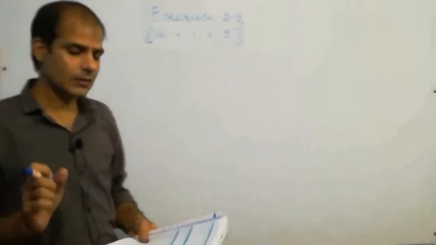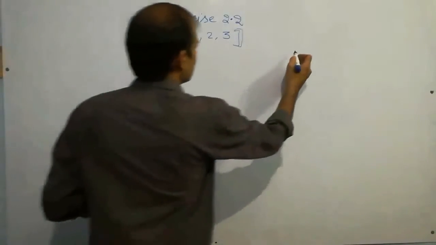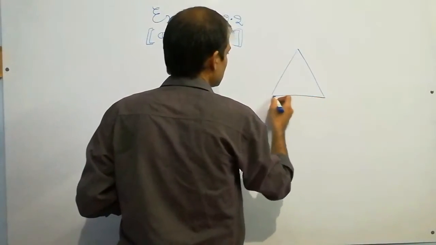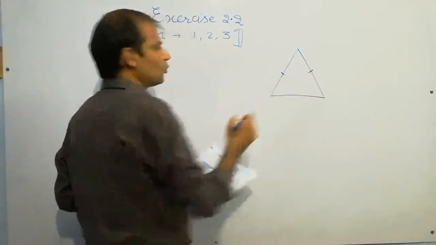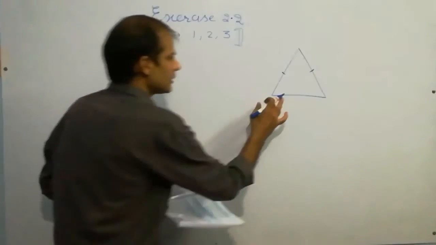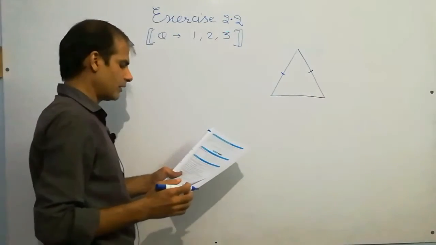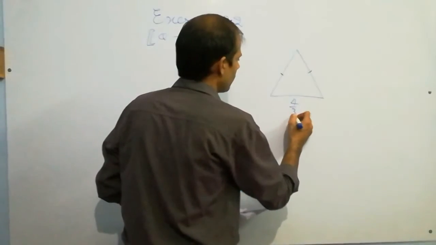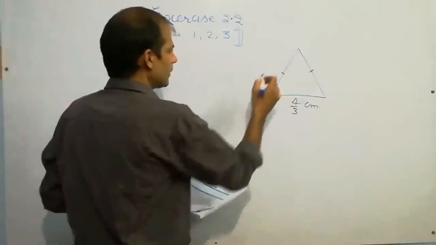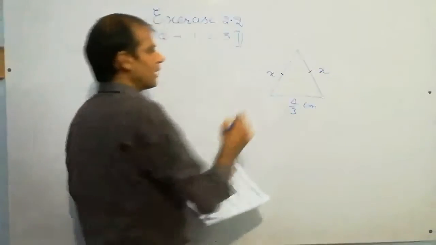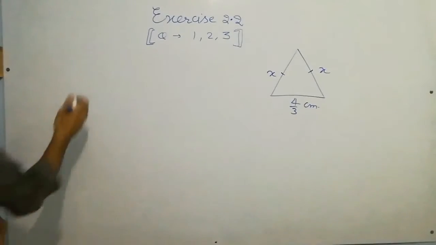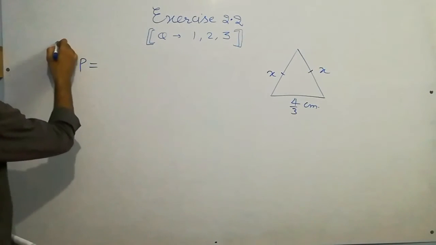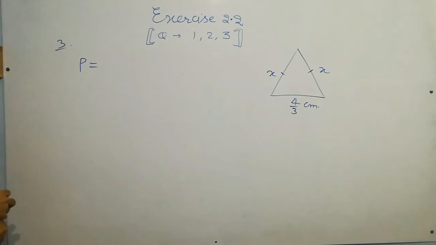And the third question is about an isosceles triangle. What is an isosceles triangle? One whose any two sides are equal. This is called the base. It is given that the base is 4 upon 3 centimeter and the length of the equal sides is x. Now what is the perimeter? Perimeter is the sum of all sides.